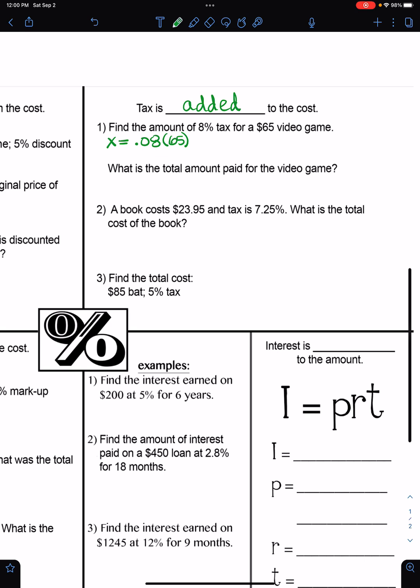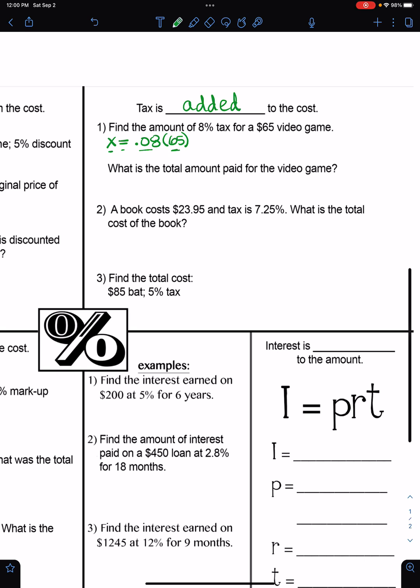It's the easiest one you can set up in your head and use a calculator for if you're in an actual store and wondering what the price is. So again, it's what is 8% of 65. Of means multiply. So now I'm just putting that in my calculator.